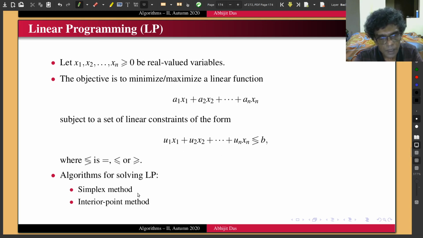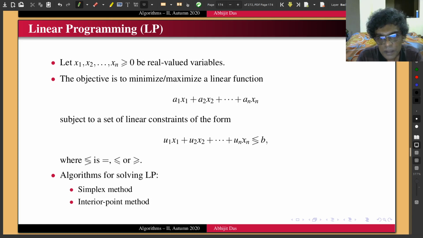But these pathological worst case scenarios are very, very rare. So, people normally use simplex method. The interior point method is a polytime algorithm, but people usually use simplex method. So, we will not look at what the simplex method is, and let us just assume that there are good algorithms for solving LP.